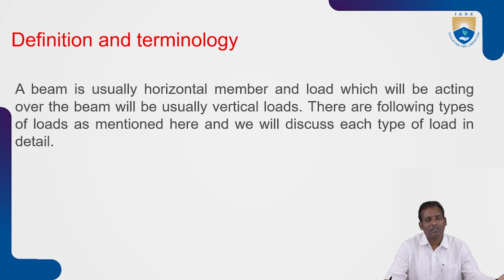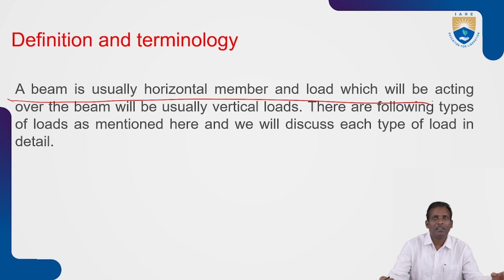We have discussed those points. Now, a beam is usually a horizontal member and carries some loads. So loads also, different types of loads are there. So now we will see the types of loads acting over the beam.